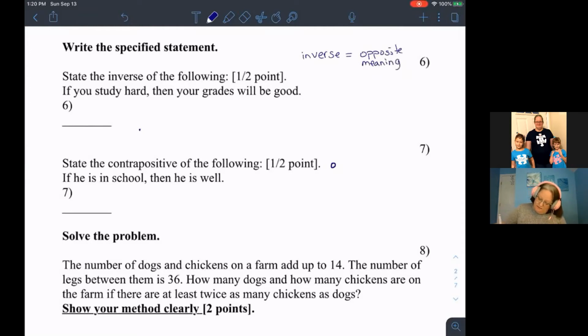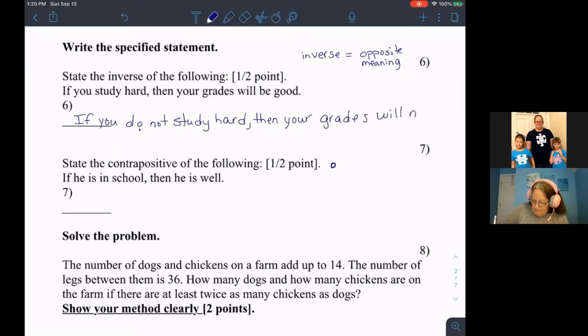So that would mean if you study hard, it would say if you do not study hard, then your grades will not be good. So it's like the total opposite meaning. If you study hard, then your grades will be good. If you do not study hard, then your grades will not be good.